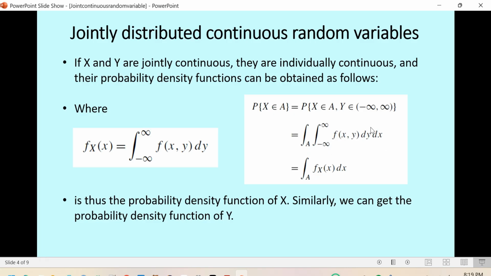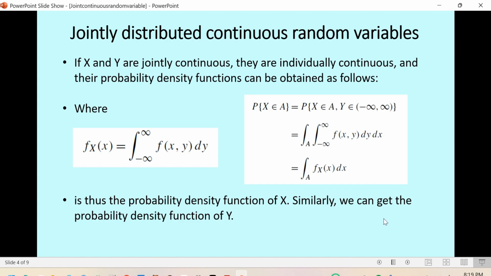So y is integrated out, leaving only x. So the result is this expression. This is also the probability density function of x.